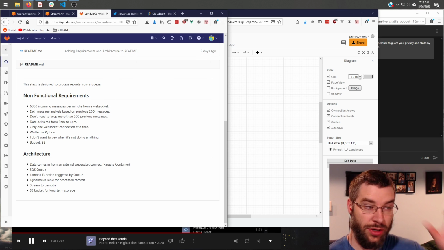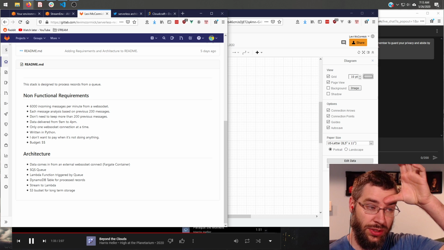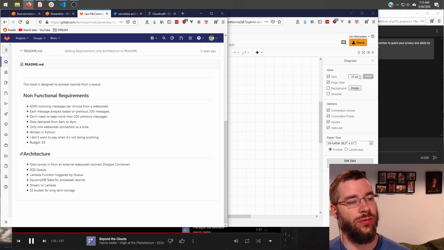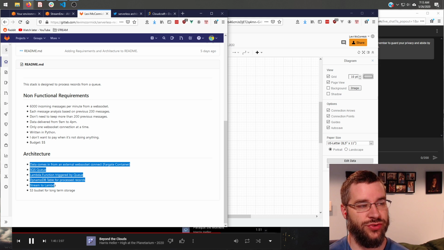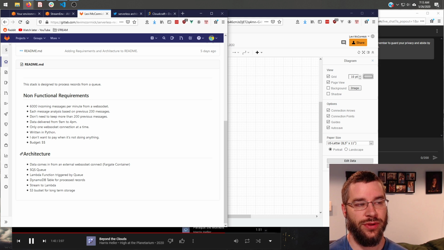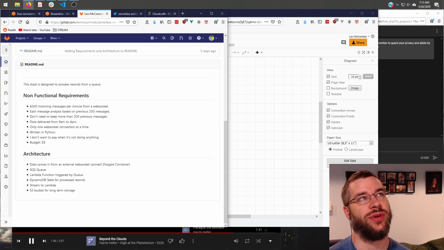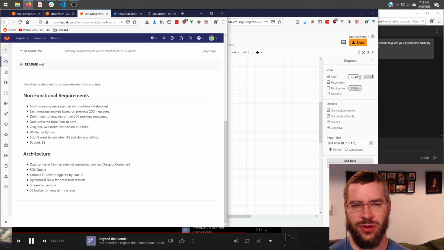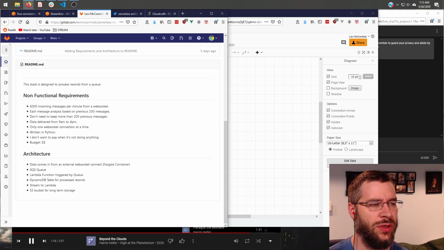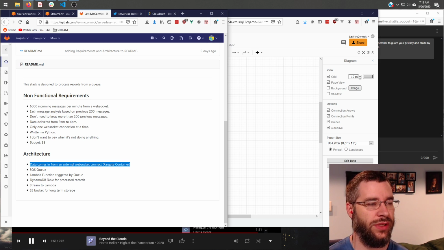So, in our architecture list here, this is pretty close to the general flow of the data. And I like to list things off in that way so that things are logically laid out and consumable, especially for people who are unfamiliar with architecture. So our first piece is going to be some kind of connection.